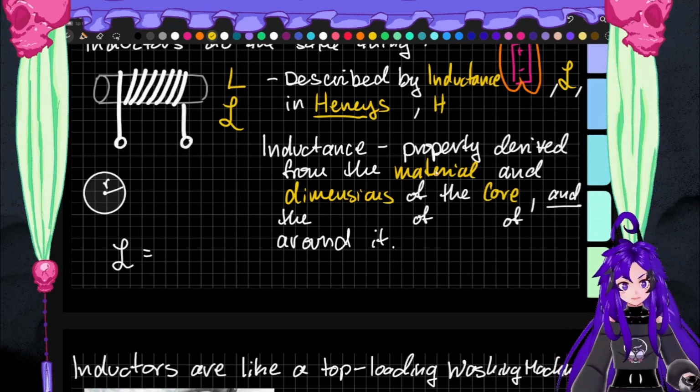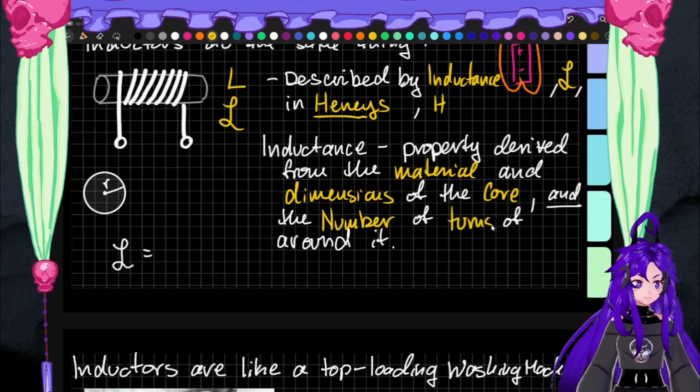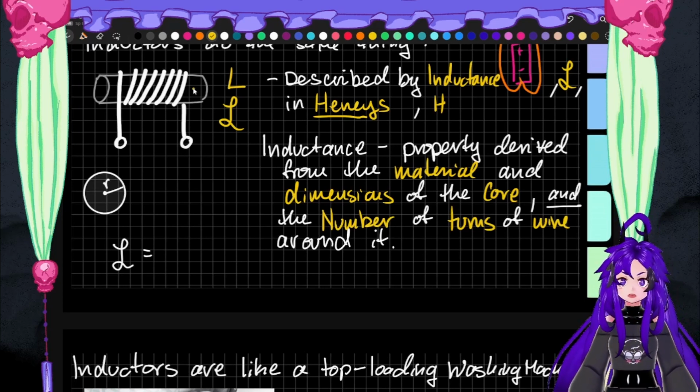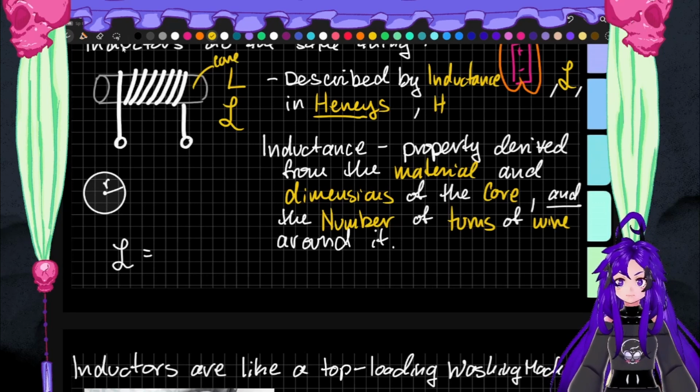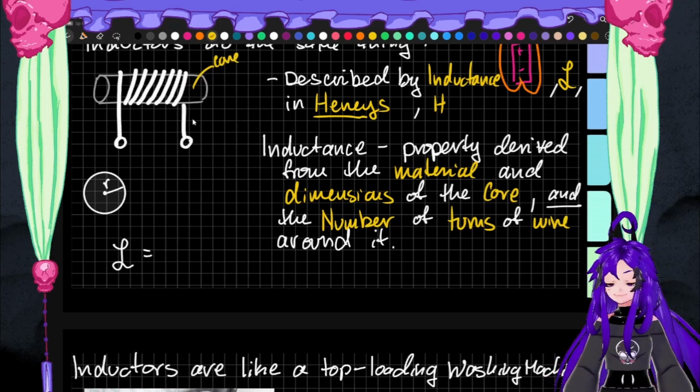Well, here it's the material and dimensions of the core. But there's one more thing, okay? And the number of turns of wire around the core. So let's look at that. So this is the core, right? This is the core. I'm gonna erase those. So this is the wire.